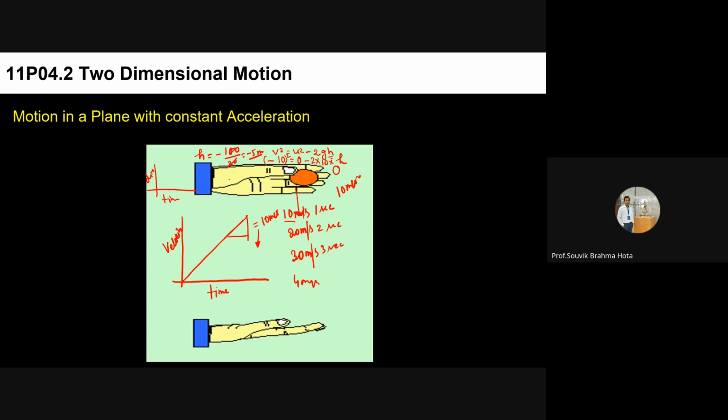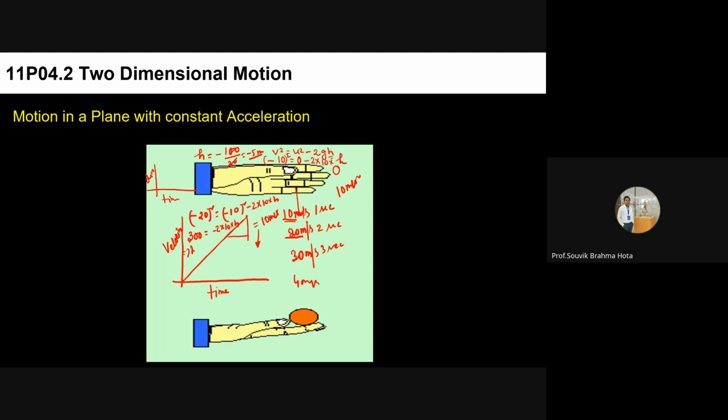Let's now consider 2 seconds. So for 1 second it is like that. For the next second, your velocity becomes minus 20 and initially was minus 10. So minus 20 whole square is equal to minus 10 whole square minus 2 into 10 into h. So what will it become? 400, and this is 100. So 400 minus 100, it is 300, equal to minus 2 into 10 into h.